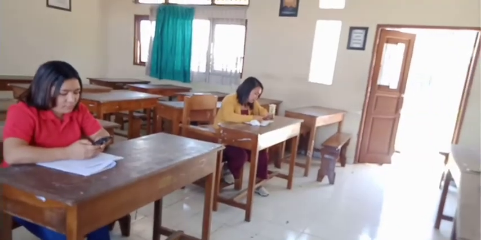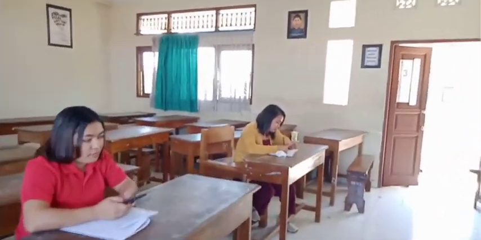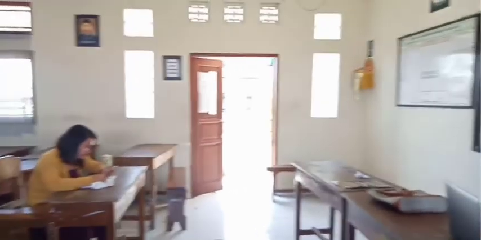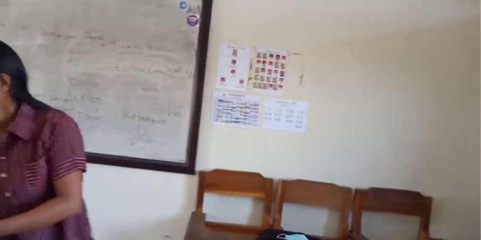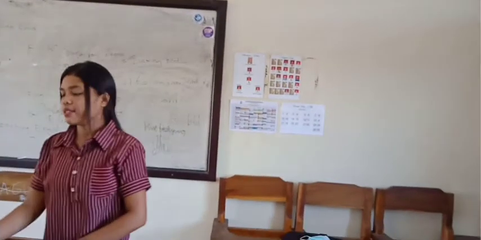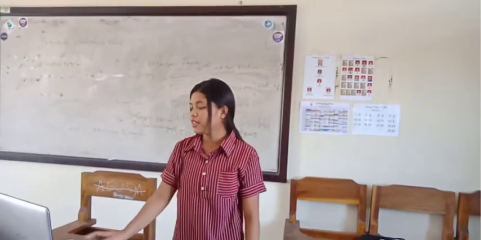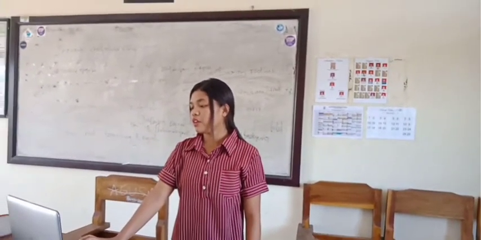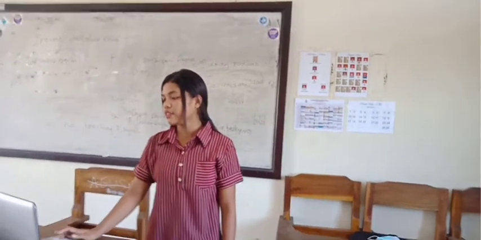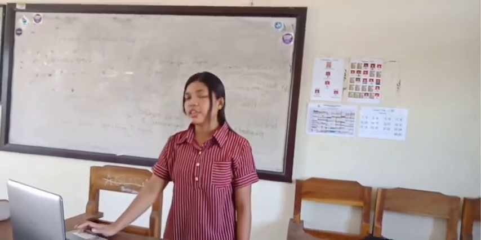So if you want to write the experience, you can use the simple past. Okay, the second, the factual recount is a form of recount that tells facts that have happened in the past.